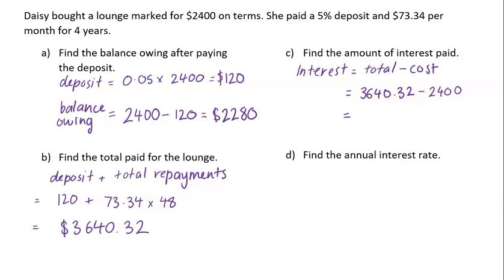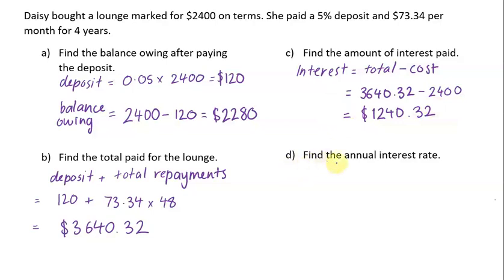And that means that Daisy paid $1,240.32 worth of interest. Because everything that's not the value of the couch, any more money she pays on top of that is interest for borrowing the value of the remaining deposit on the couch. So this was the value of interest that Daisy had to pay.